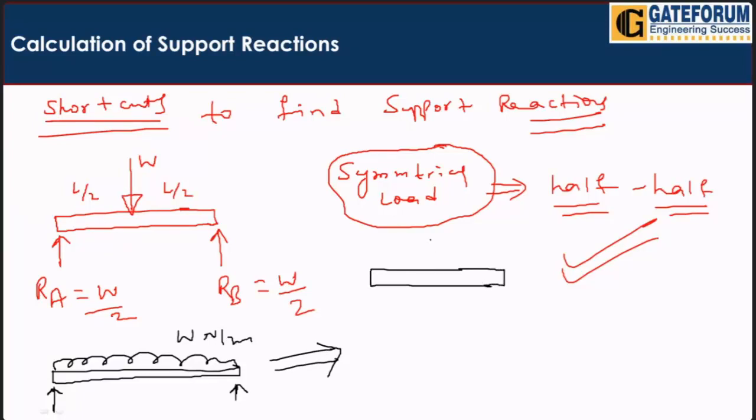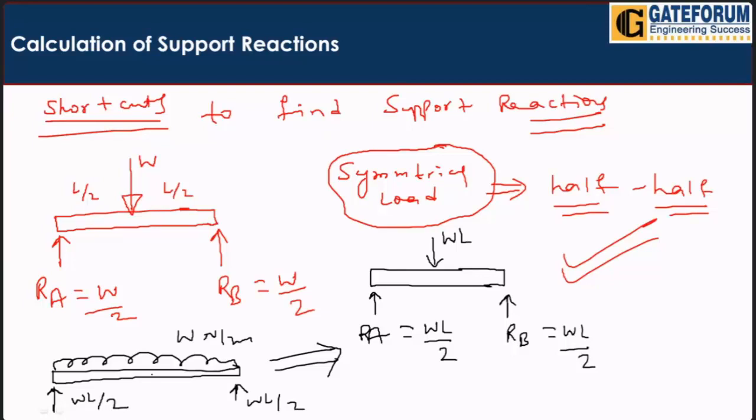First of all, it will be converted to a point load, which is equal to W into L. We still don't know RA and RB, so take half of it: WL by 2 here, and WL by 2 here.